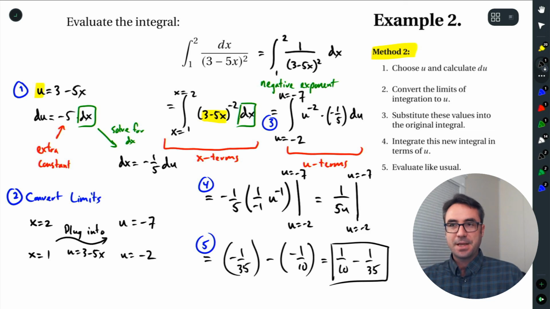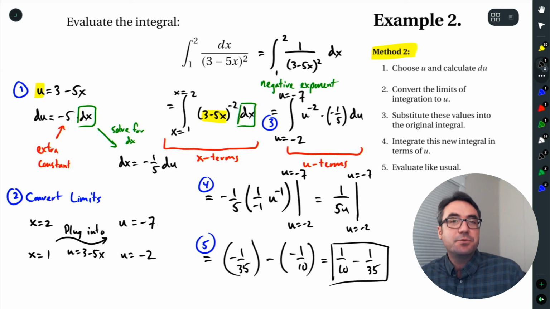All right, so this is the other option we have for substitution rule and definite integrals. Figure out which way you like to do it. Do you like to convert over the limits of integration, so that once you have your antiderivative, you don't have to switch it back to x?